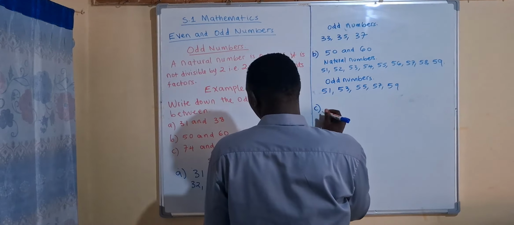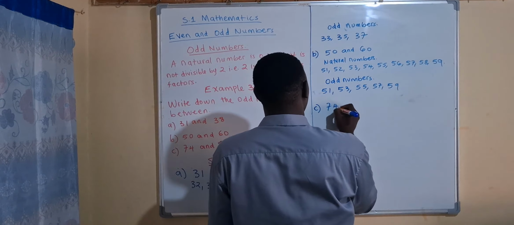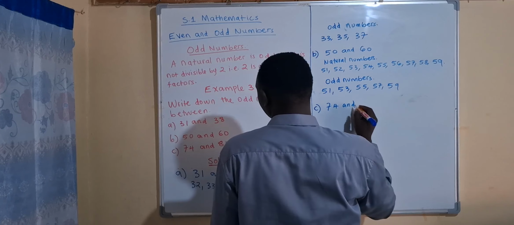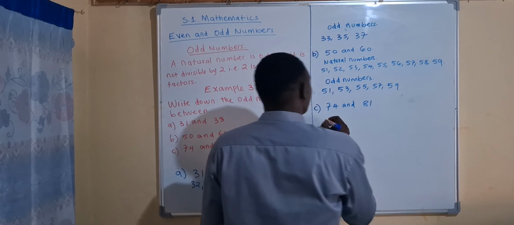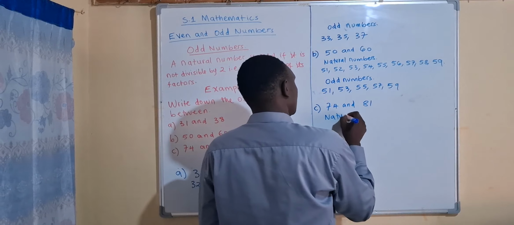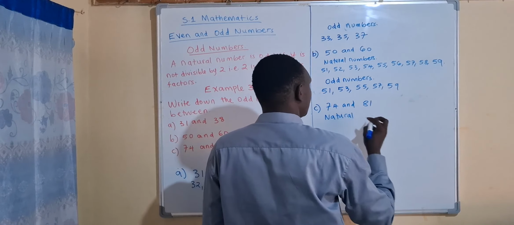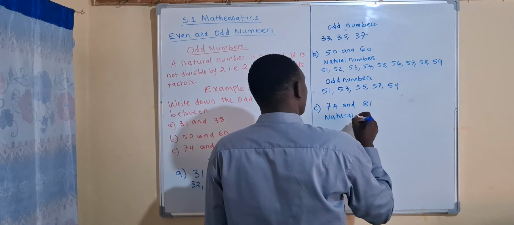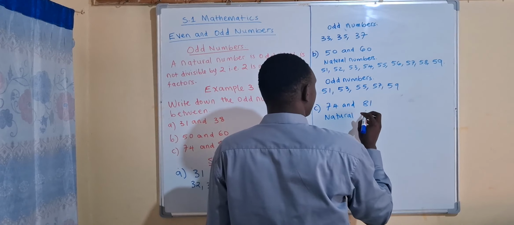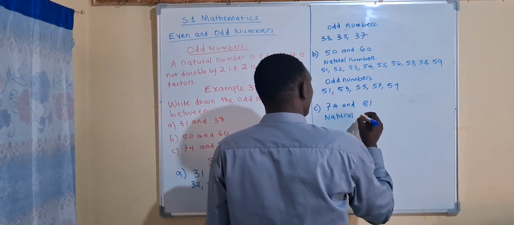And then we come to part C. Part C is between 74 and 81. And we start by listing what are the natural numbers that are in this range, on this interval, or the set of numbers that can be formed between 74 and 81.